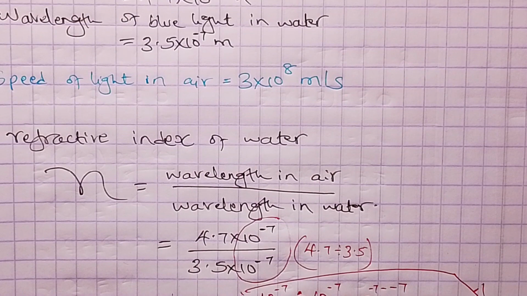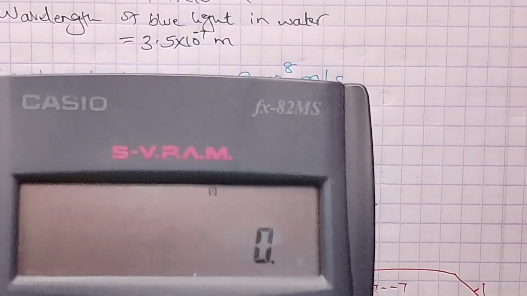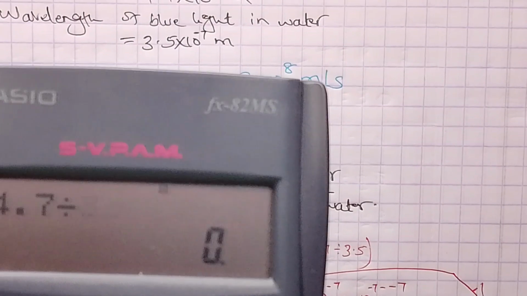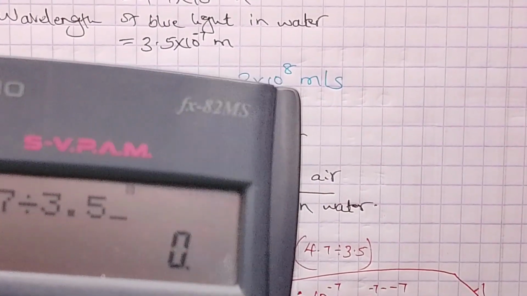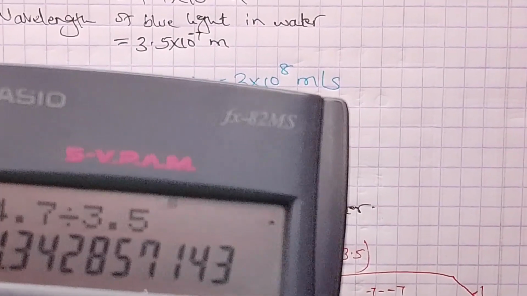So when we take 4.7 divided by 3.5, we get our answer to be approximately 1.3429.